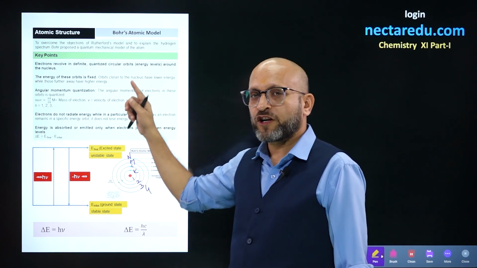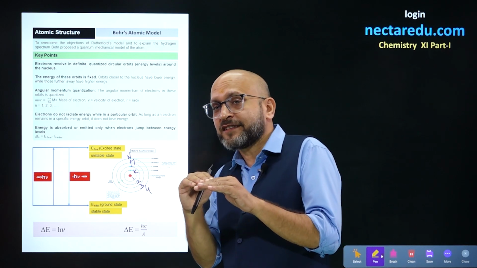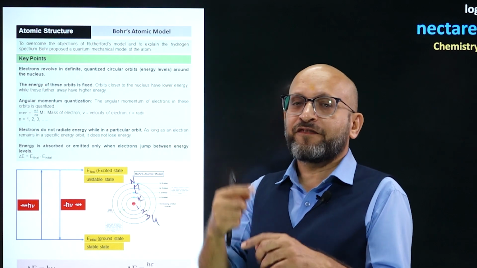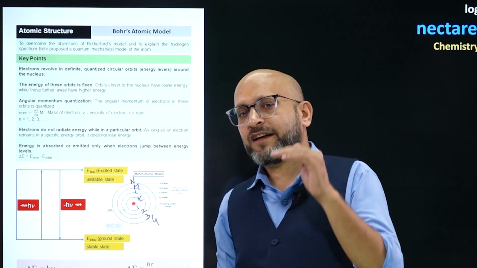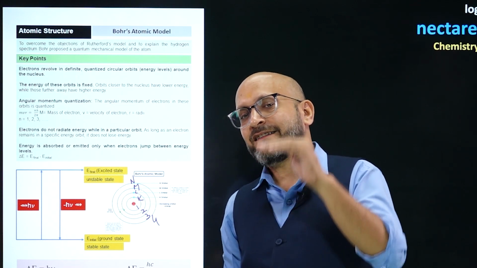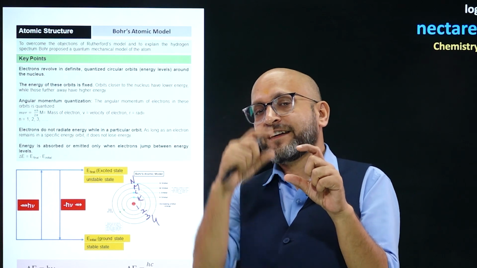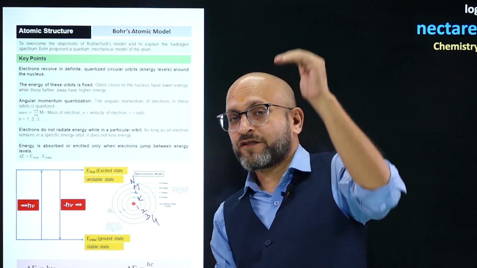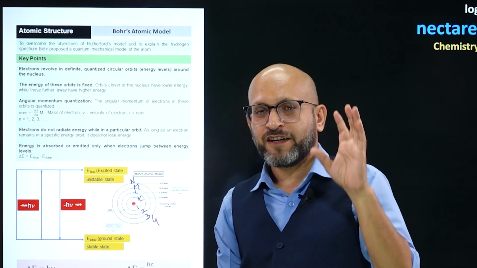The first point was that the energy of each orbit is constant. The electron will absorb energy and go to a higher orbit, and it will lose energy and fall back to a lower orbit. Let's say the electron is going from the first orbit to the third orbit; how much energy will it absorb? It will absorb the energy difference E3 minus E1. If it is going from first to sixth, it will absorb E6 minus E1.